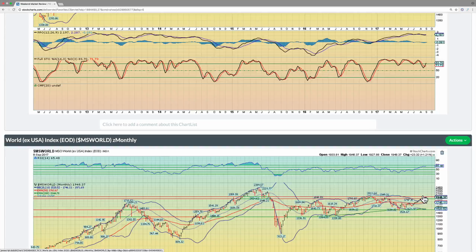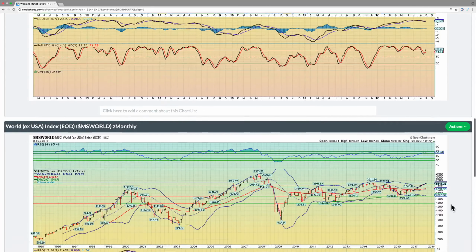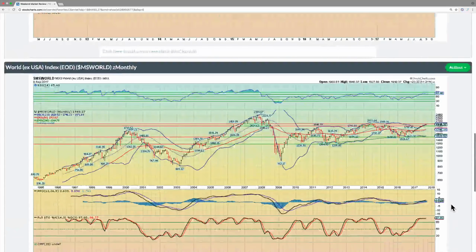However, if 2000 cannot be broken to the upside on this MSWORLD index, then significant downside is ahead, possibly as low as this 1500 area, which, I don't have the numbers in front of me, but that's probably a 10 to 15% correction. So stay tuned.